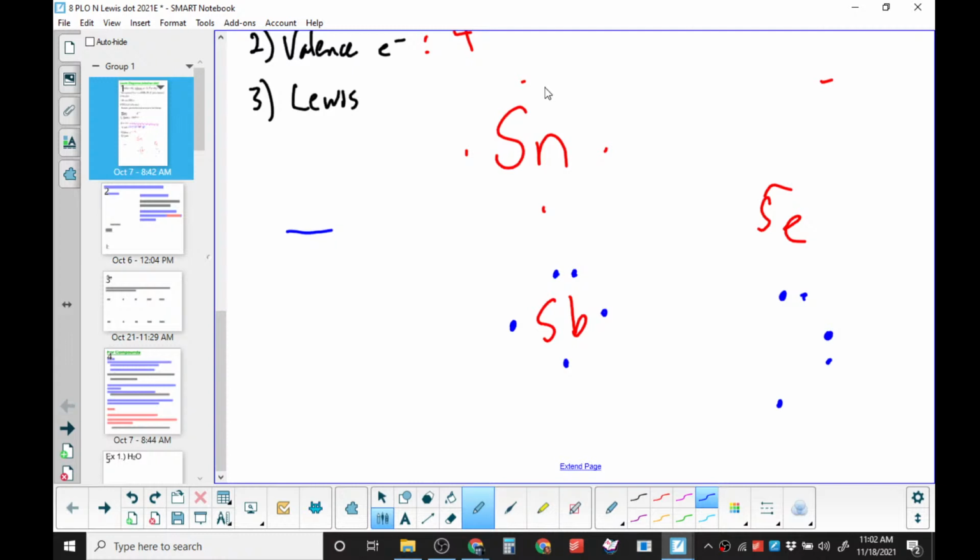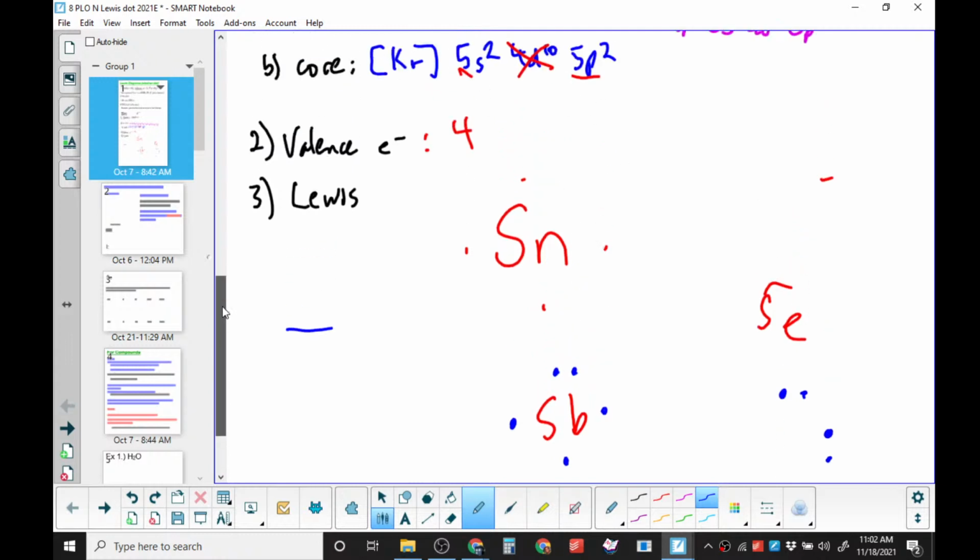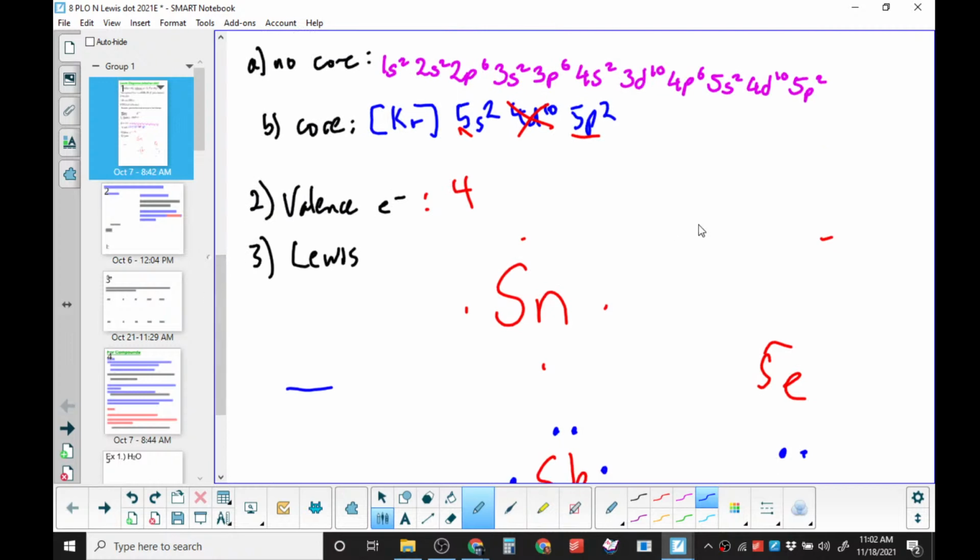Only because they actually wouldn't be paired yet. They separate out first. And one of the things that we don't really do this year is, you know that there's the s orbital, and then there's the 3 p's. And what they're immediately going to teach you, instead of having s and then px, py, pz, is that they are so close together in energy, they actually become sp, x, y, z, and let's call that w.